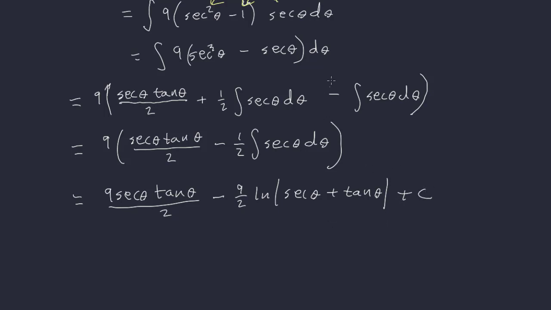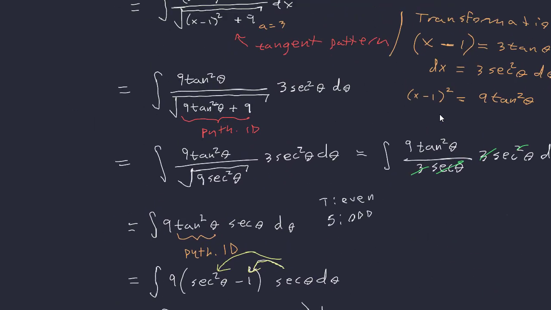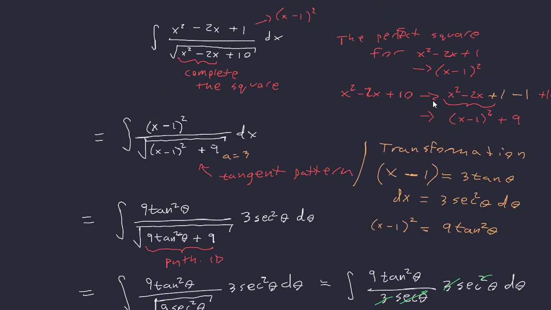Okay, so now we need to get this back into x's. So we want to go back to x's with a reference triangle. So to do that, let's go back up here and find our transformation.